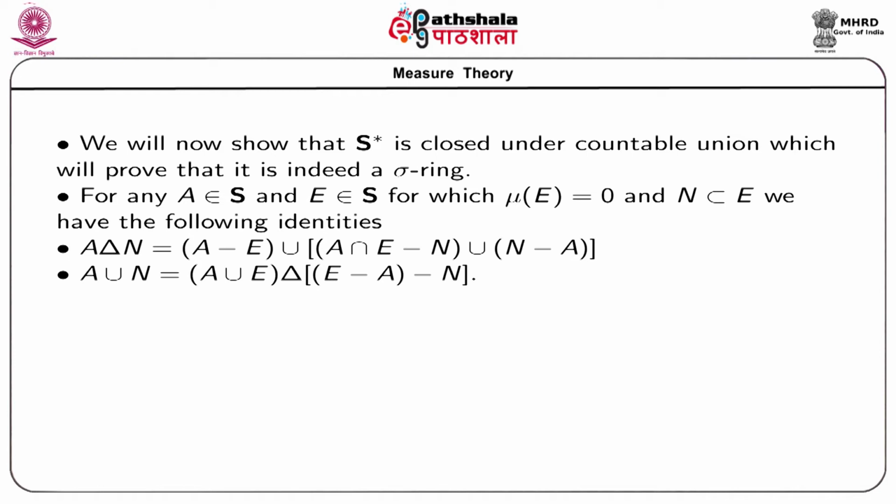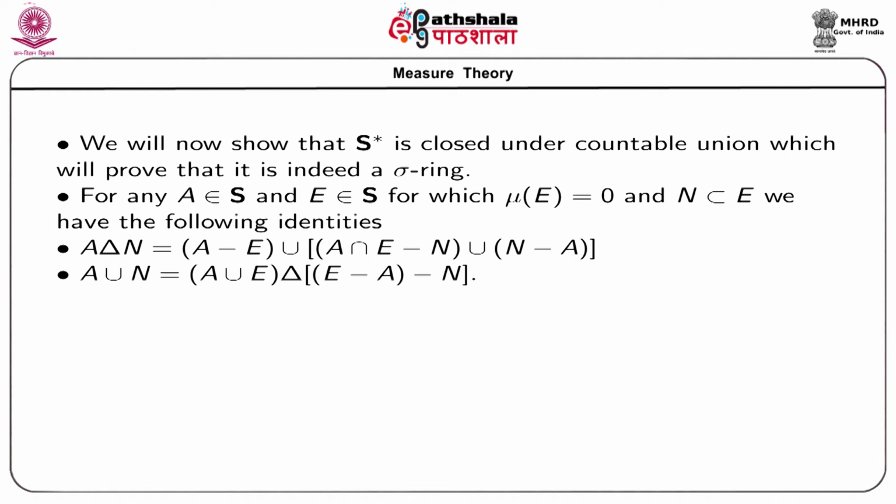Now, we are going to show that S star is a sigma ring, that is, it is closed under countable union. For this, first we note that for any A belonging to S and E belonging to S, for which mu E is equal to 0 and n a subset of E, we have the following identities.